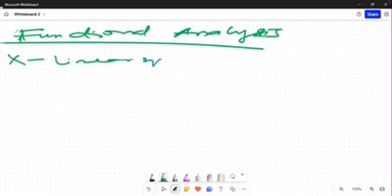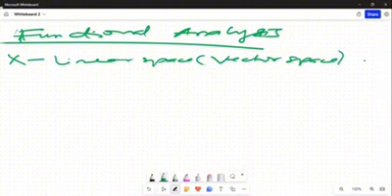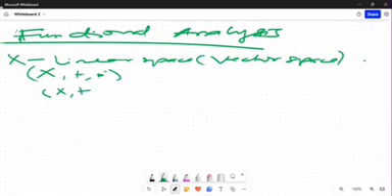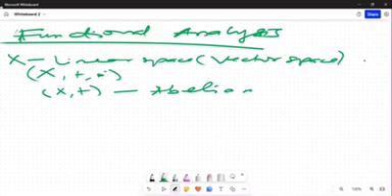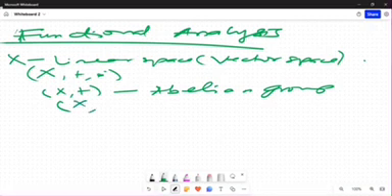A vector space is a set together with two binary operations. The first binary operation is addition. With respect to the first binary operation, this structure becomes an abelian group. And then with respect to the dot, that's the multiplication, you have the following.